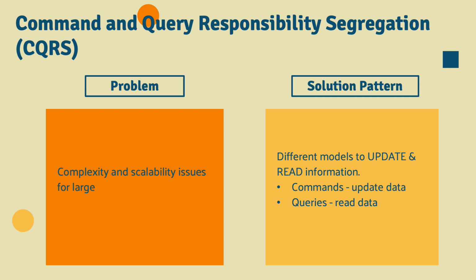The CQRS pattern focuses on separating a distributed system's read and write operations to increase scalability and security. This model uses commands to write data, to persist in storage, and queries to locate and fetch the data.